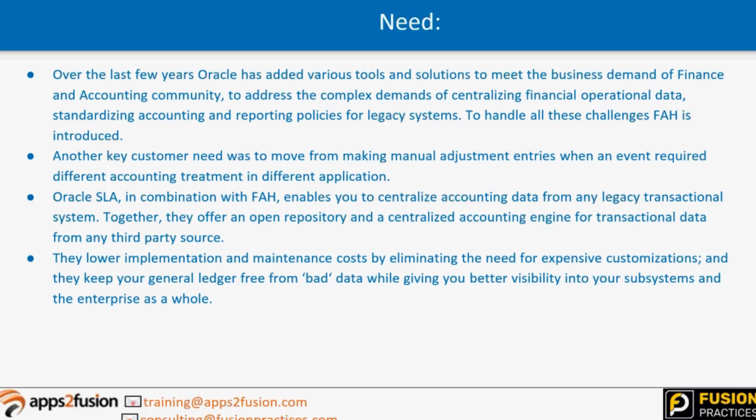Now, if you have a third-party billing system, and you are doing your billing in your third-party systems, you have two options to bring that data into Fusion Cloud. One is you bring it to Oracle Receivables or your revenue management.